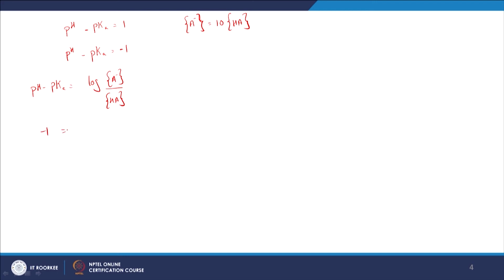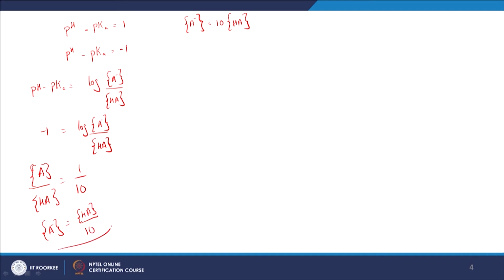It now means that the ratio is one by 10, so A minus is a tenth of the concentration of HA, right.